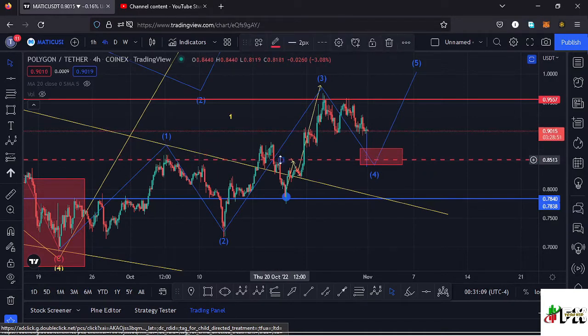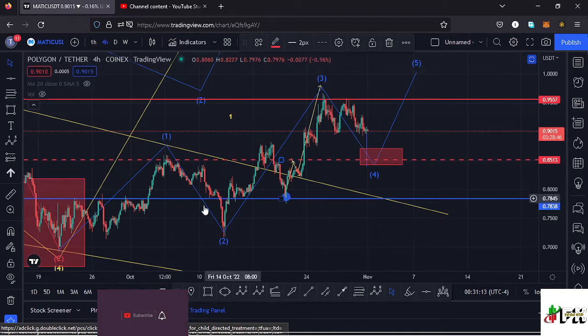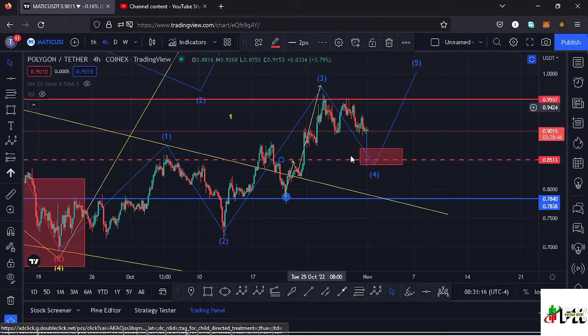So in case we get to around the $0.83 mark in that retracement to the lower side, then I'll have to view this movement to the upper side as something else. So let's be patient and see how that plays out, and also wait to see whether we are going to see a breakout out of that double top that I have drawn out on this chart.